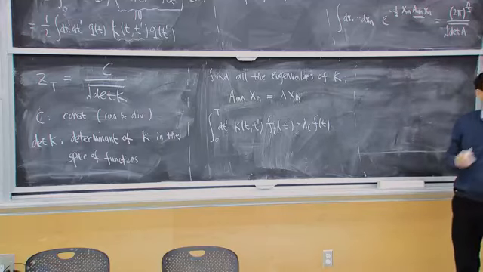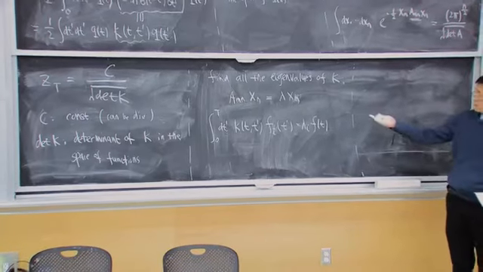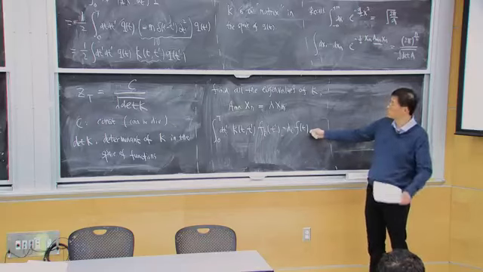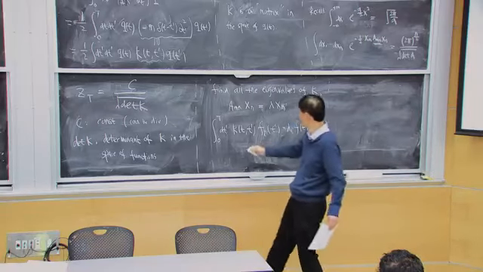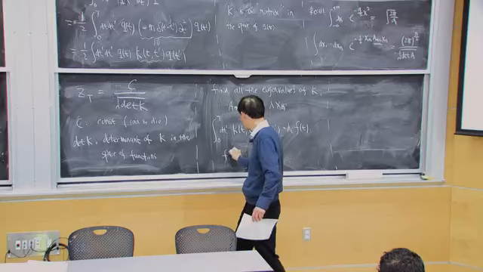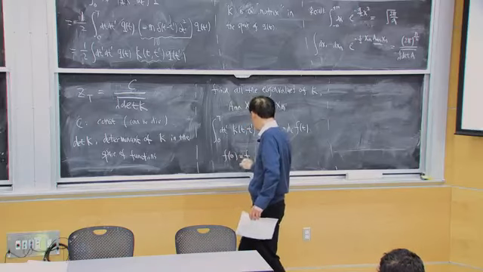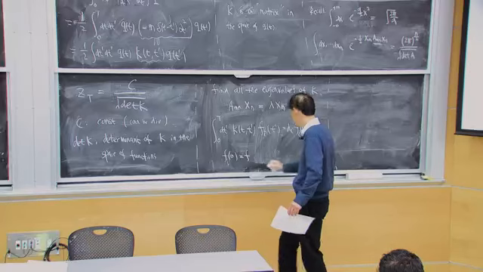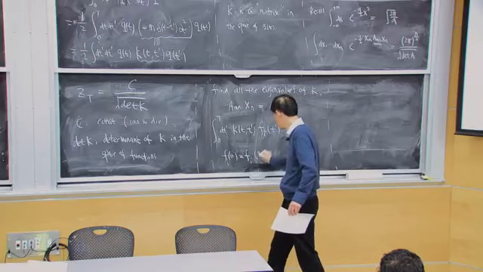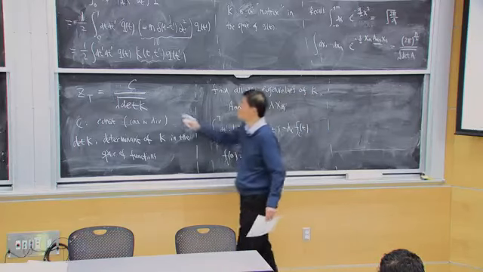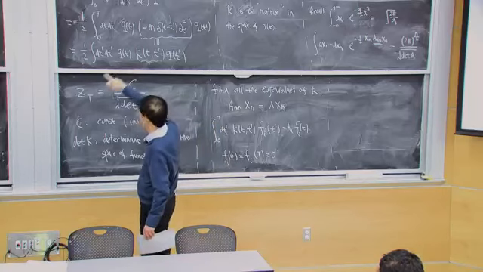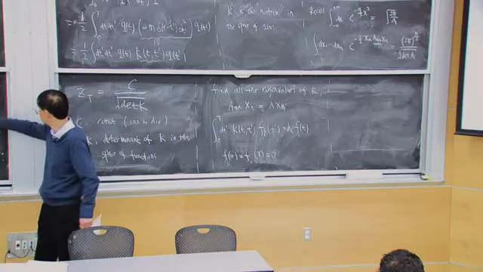You just find all the eigenvalues of K and f_i(t), which of course should satisfy the boundary condition that f_i(0) equals f_i(T) equals 0, because that's the condition of a path integral. The path integral is set from 0 to 0.